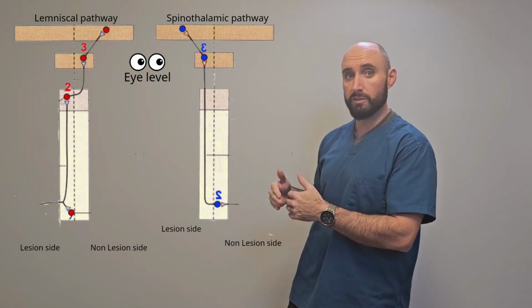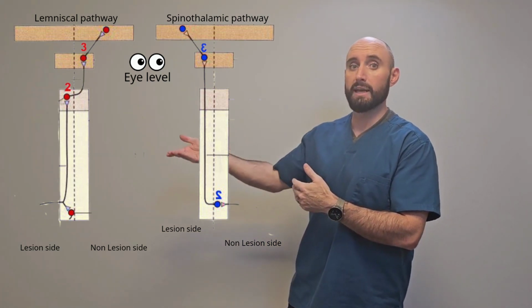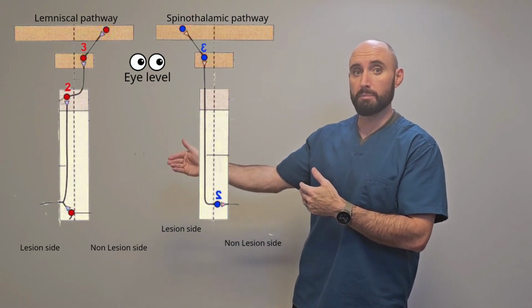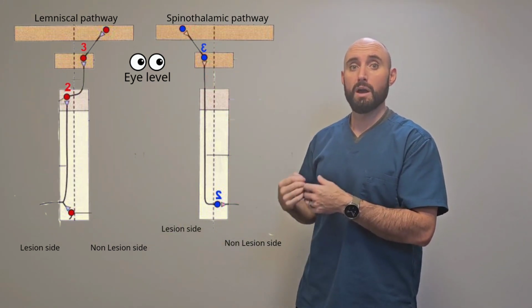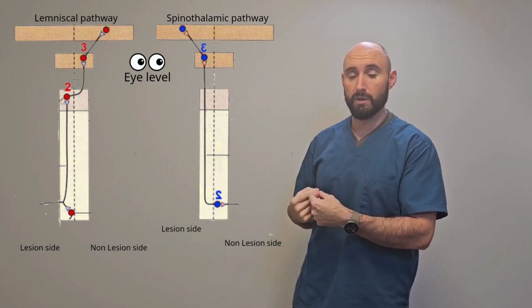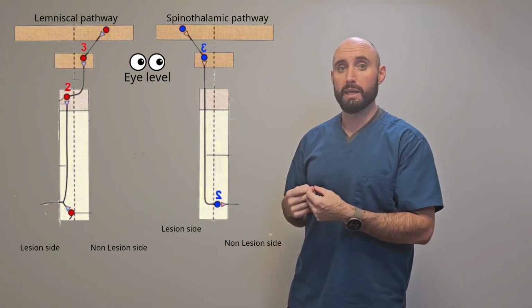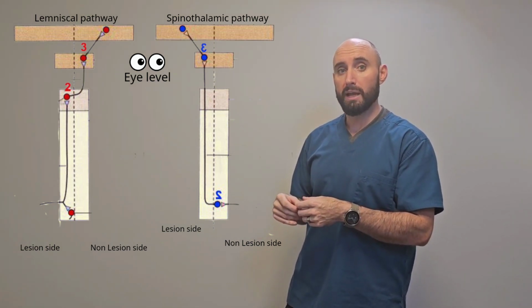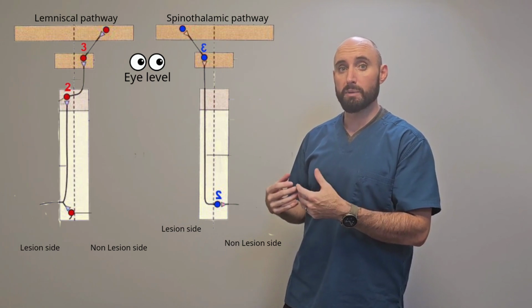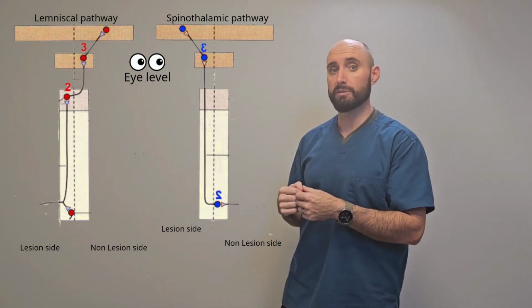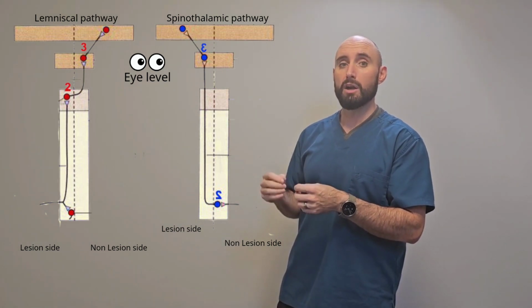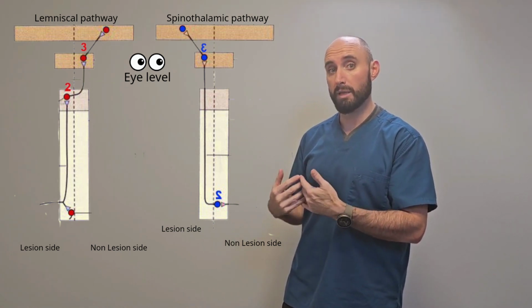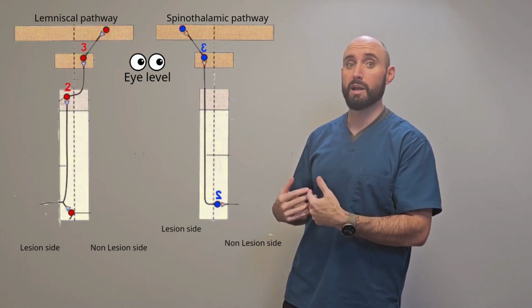The signal comes in and crosses over at that level. If there's an issue on the opposite side, it'll block and pain sensation will be diminished. So just to regroup that again, the lemniscal pathway will always be diminished if it's positive on the same side of the lesion, and our sharp pain, which is our spinothalamic pathway, will be on the opposite side of the corresponding segment.